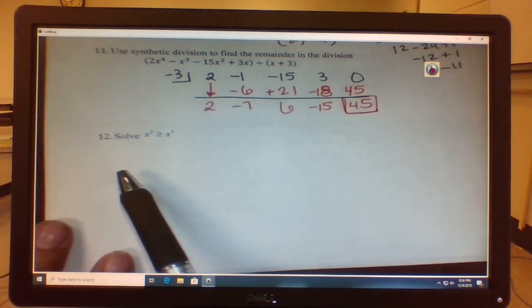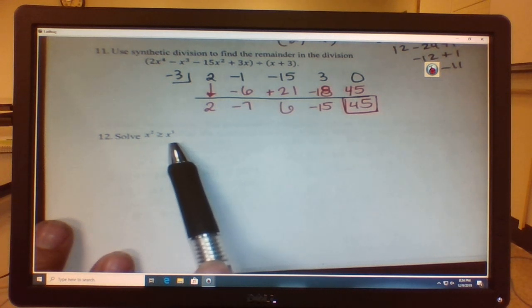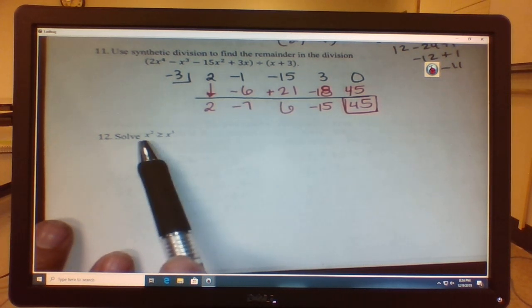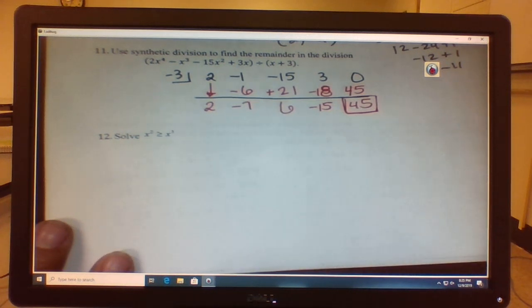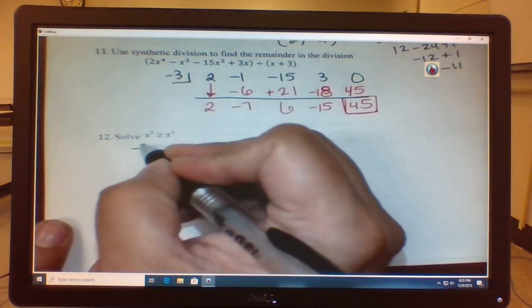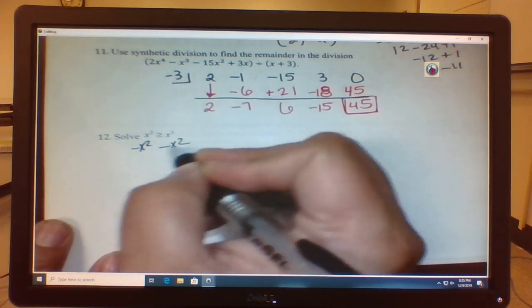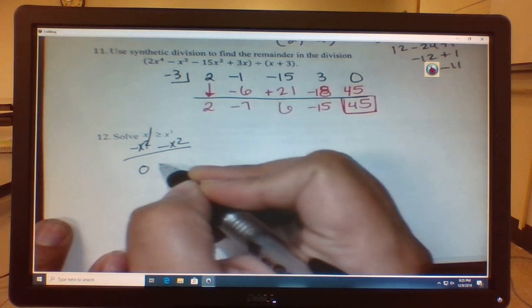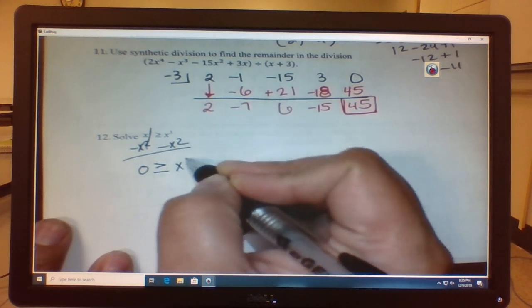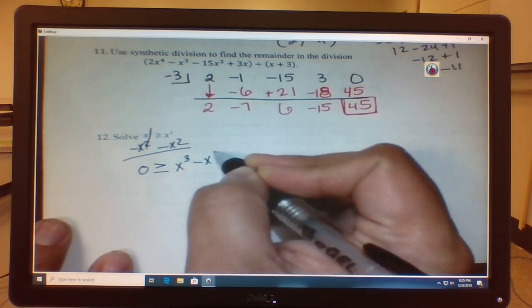So my largest exponent is x cubed. If this needs to stay positive, then I need to move this little guy this way. If I move it that way, then I must what? Subtract x squared. So I have 0 is greater than or equal to x cubed minus x squared.